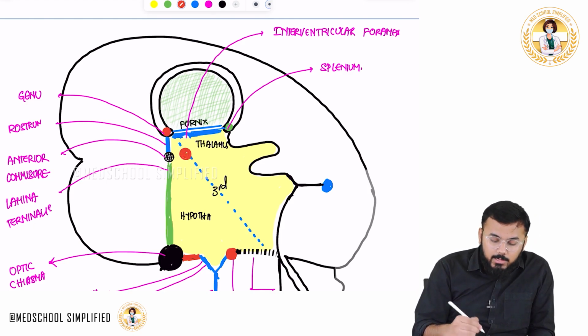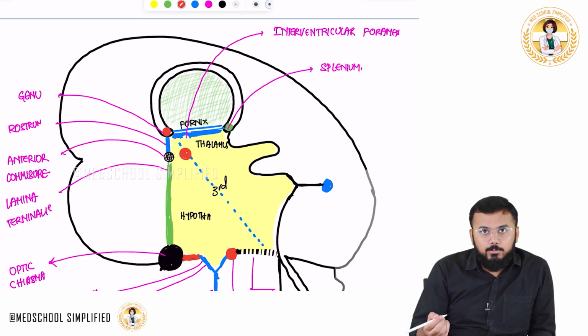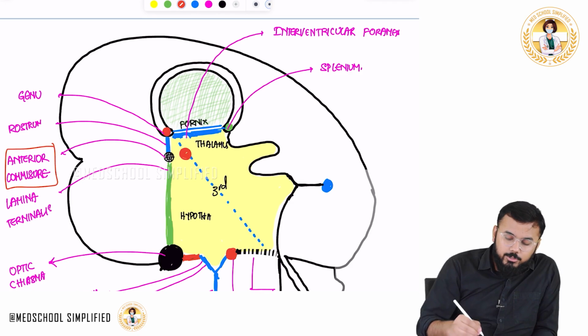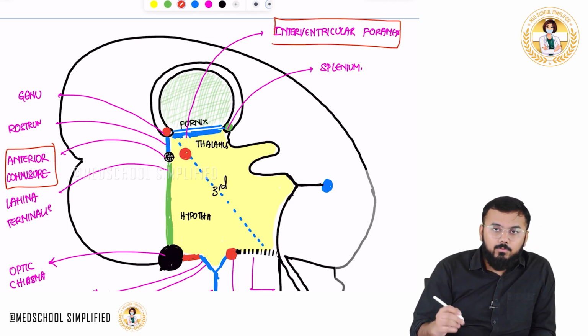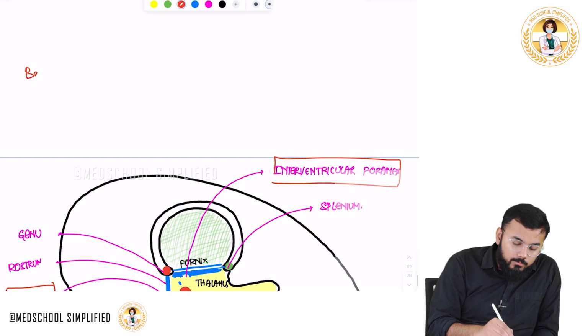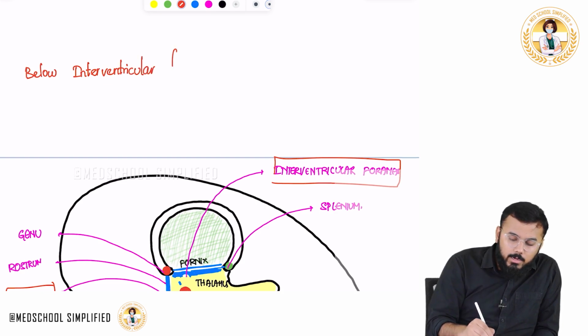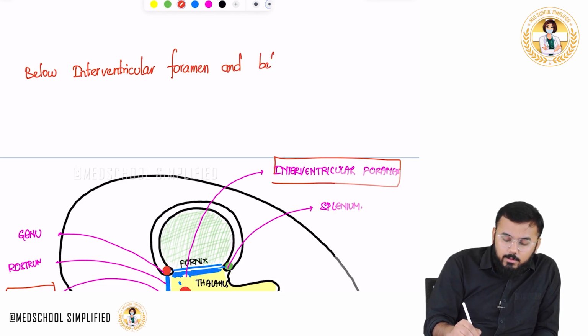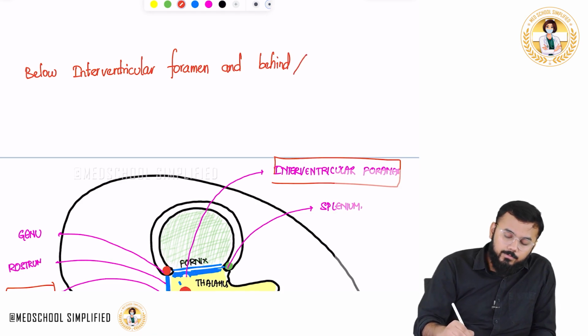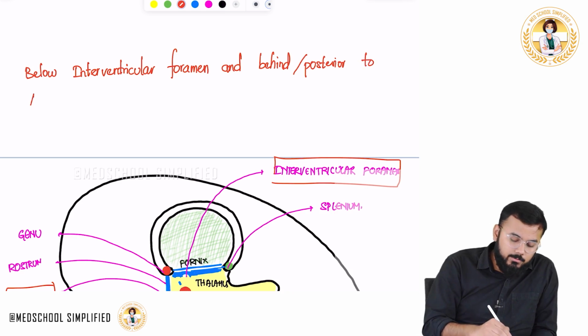Now, just beneath the interventricular foramen, exactly at this particular location, where is this location? The location is beneath the interventricular foramen and behind the anterior commissure. Let me write it down: below the interventricular foramen and behind, or posterior to, the anterior commissure.